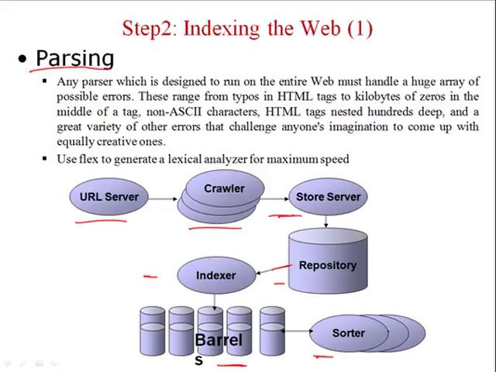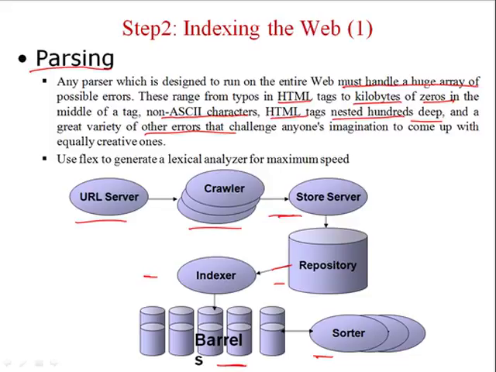Any parser which is designed to run on the entire web must handle a huge array of possible errors. These range from typos in HTML tags, kilobytes of zeros in the middle of a tag, non-ASCII characters, HTML tags nested hundreds deep, and a great variety of other errors and challenges.